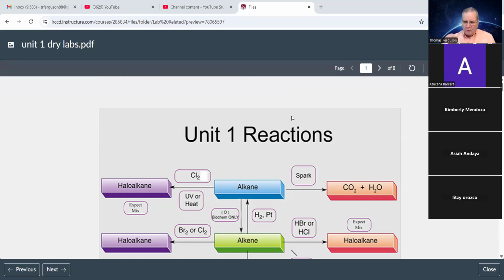We're not doing Unit 1 dry labs in your lab packet. We're doing this one instead. So your first lab packet experience is going to be on alcohols, and it's the lab titled alcohols.